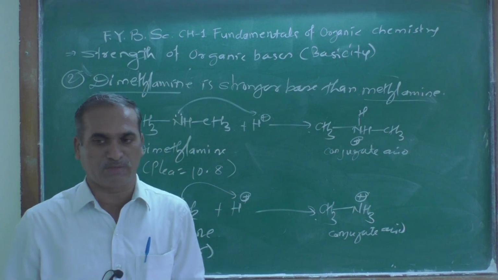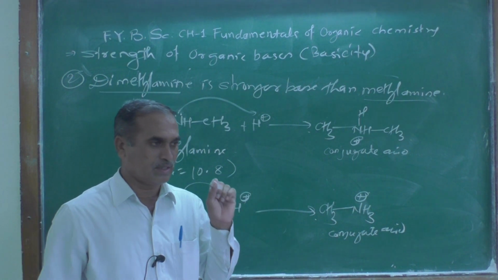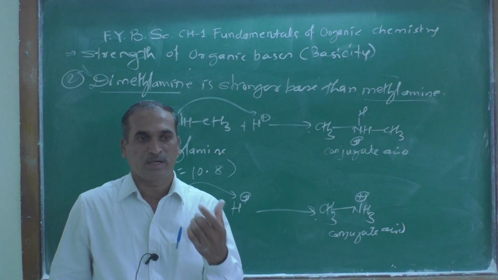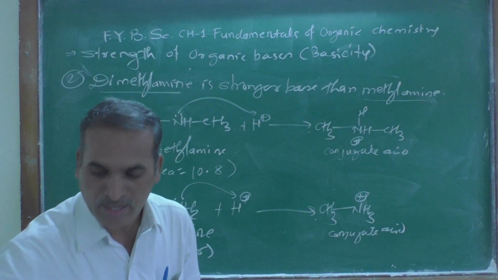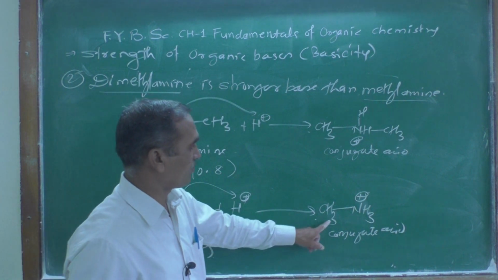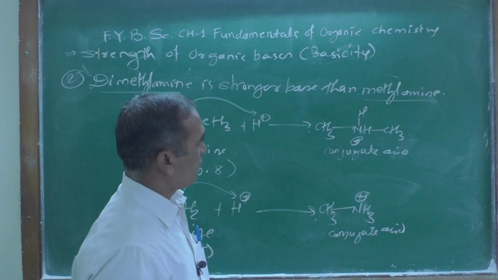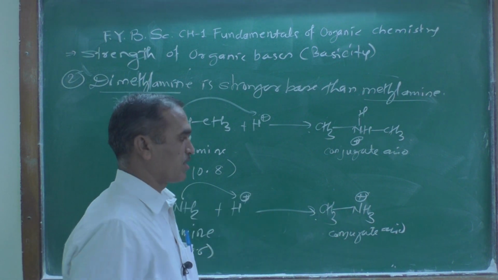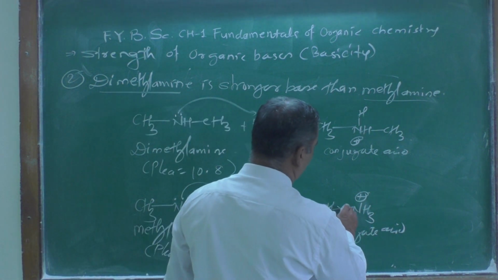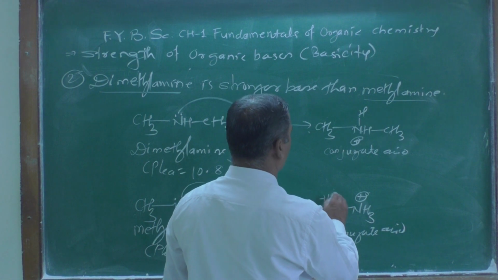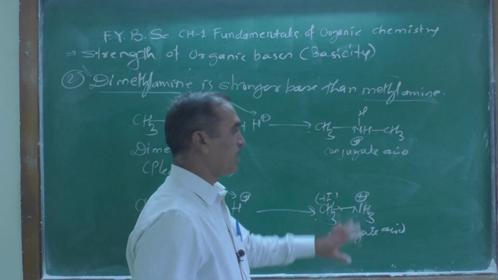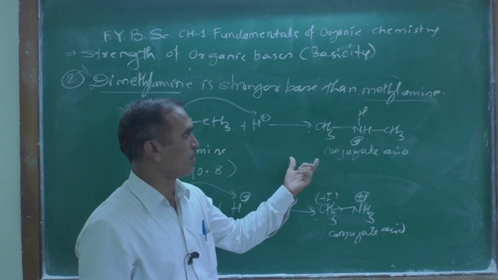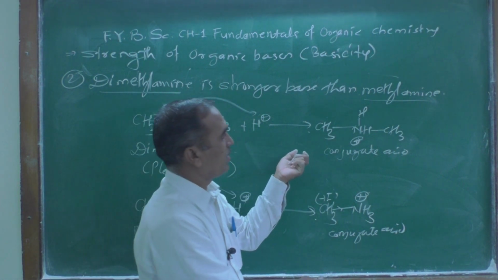And the third factor we know is the stability of the conjugate acid formed after donation of the lone pair, and that conjugate acid is well stabilized due to the plus I inductive effect. If you see this structure carefully, what do you see over here?